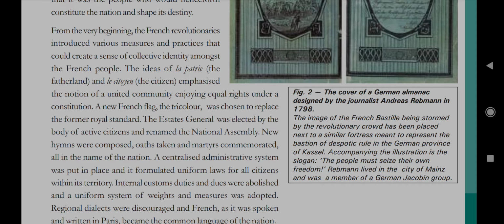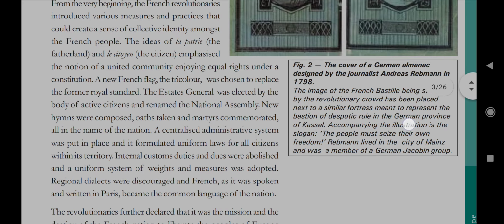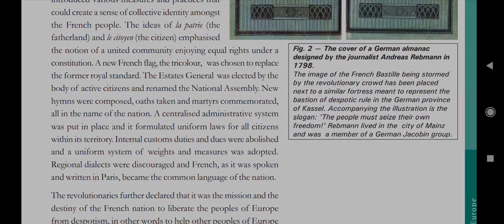And then from the next line, from the very first line, the idea of la patrie, the answer is starting. So the first point is the idea of la patrie, that is the fatherland. They are talking about the land, the country, and les citoyens, the citizens. So they are talking about the land and its citizens. Emphasize the notion of a united community enjoying equal rights in the constitution.